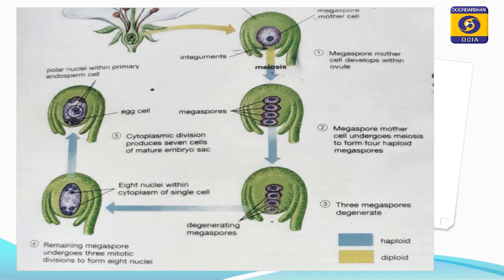Those remaining at the micropylar end constitute the egg apparatus. The central one is the egg cell and the 2 side cells are the synergids, and in the center the cell is the primary endosperm cell that has 2 haploid nuclei, and those at the chalazal end constitute the antipodals, and this 7 cell structure is the female gametophyte that does not leave the plant, that remains in the ovule itself.